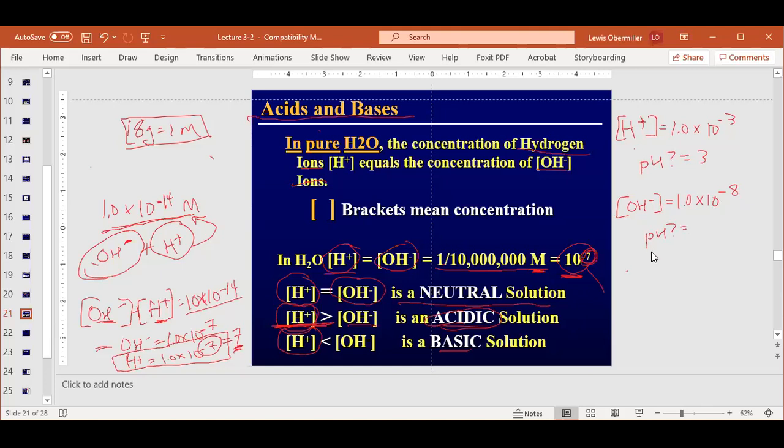It's still equal 8? No, because remember pH is power of hydrogen. So what you have to figure out is, remember, together they have to equal negative 14. What do we have to add to negative 8 to get to negative 14?